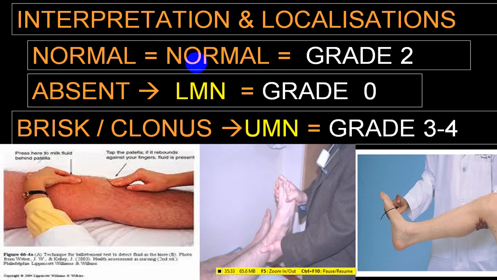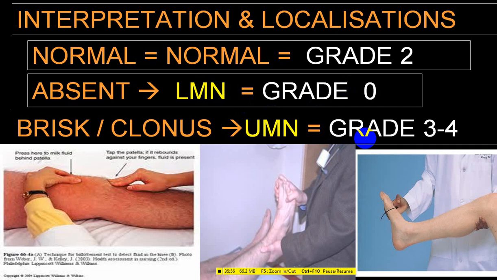If reflex is totally absent, we call grade 0 or areflexia, which will be classical in a lower motor neuron lesion. And if reflex is brisk, with or without clonus: brisk, non-sustained clonus 4, sustained clonus 5.